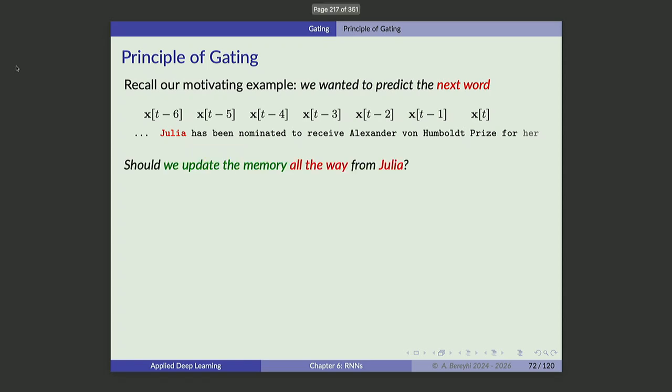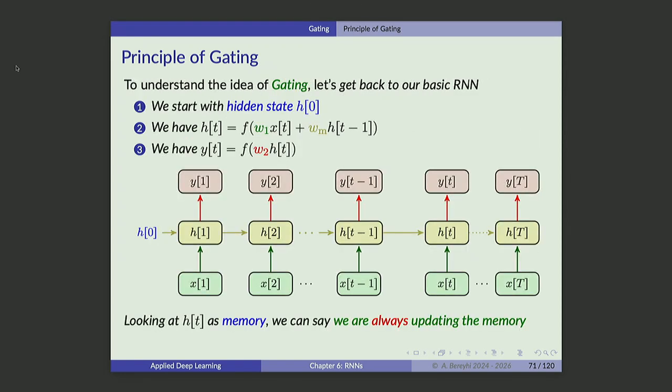Now, in this architecture, when you get here, you hope that this HT is containing some information about Yulia, so you're still remembering that Yulia is the one you're talking about. But if you're training a basic RNN, and Yulia has happened far before, then when you start to update your weights, Yulia is not participating in the gradient.